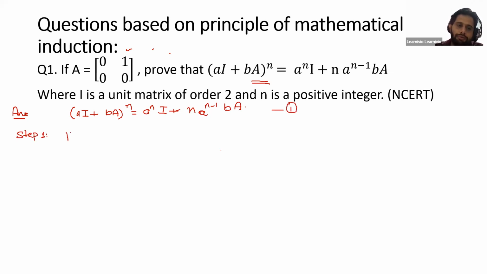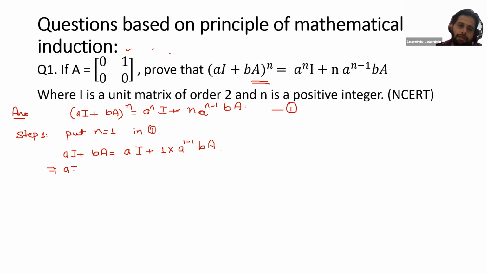Put n equal to 1 in your expression. In place of n, put 1. What you will get: AI + BA = A^1 I + 1 into A^(1-1) BA.